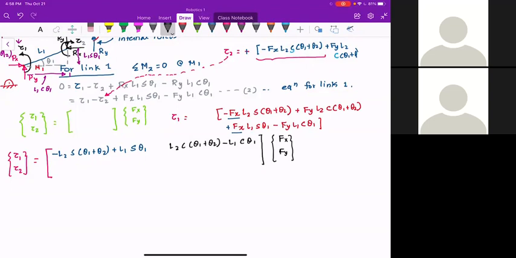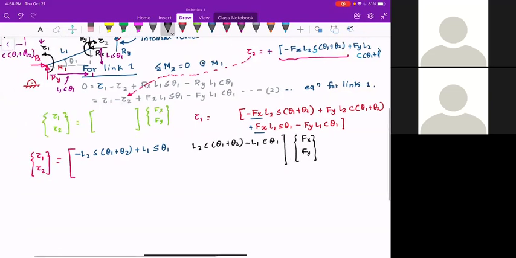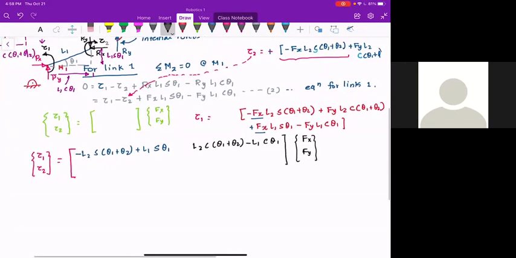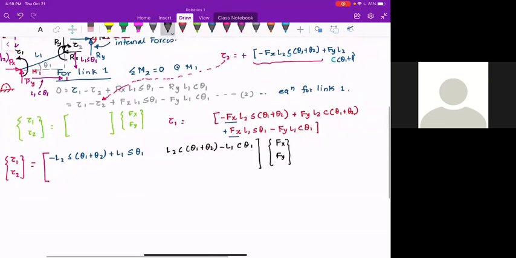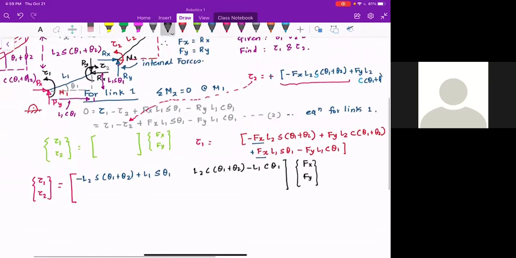Let me see, fxL1 should be negative. Curl your fingers in the direction of our tau. So fxL1 sine theta 1, from tau 1 minus tau 2, that equation, equation 2.